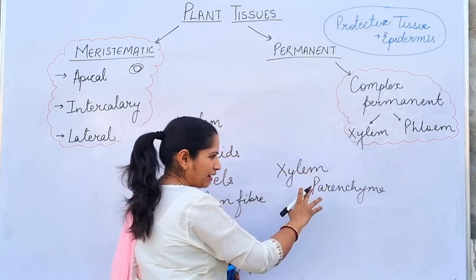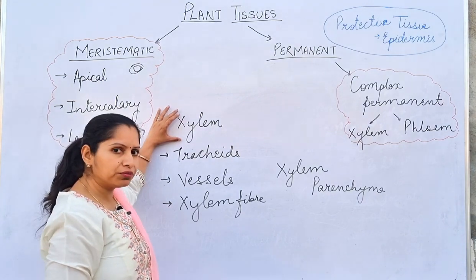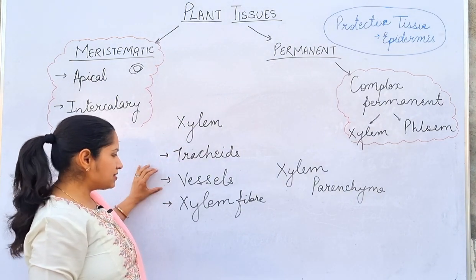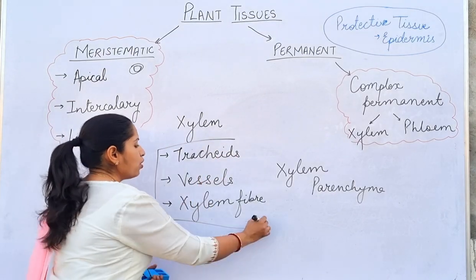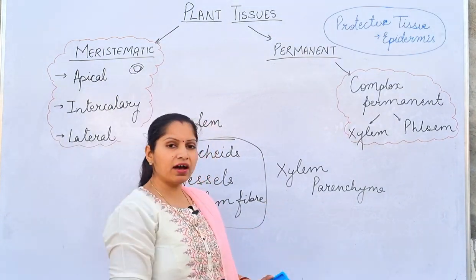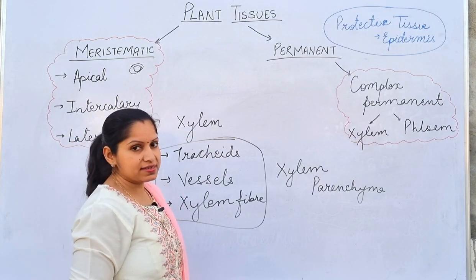So these four types of cells are there and they together combine to form the xylem. Okay, these tracheids, vessels and xylem fiber, these three are dead cells that are forming the xylem. And xylem parenchyma, like every other parenchyma, it is the living cells.